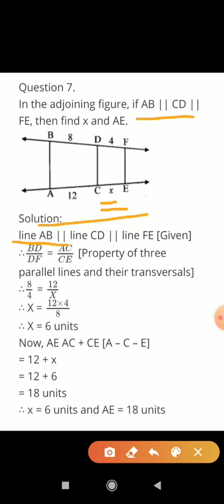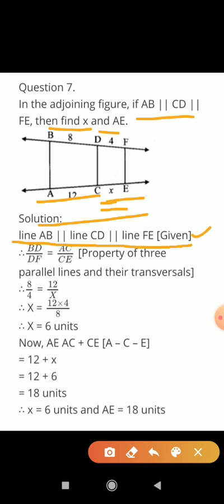So line AB parallel line CD, parallel line FE, it is given. So we can use the formula, that is BD upon DF is equal to AC upon CE, or we can write AC upon CE is equal to BD upon DF.